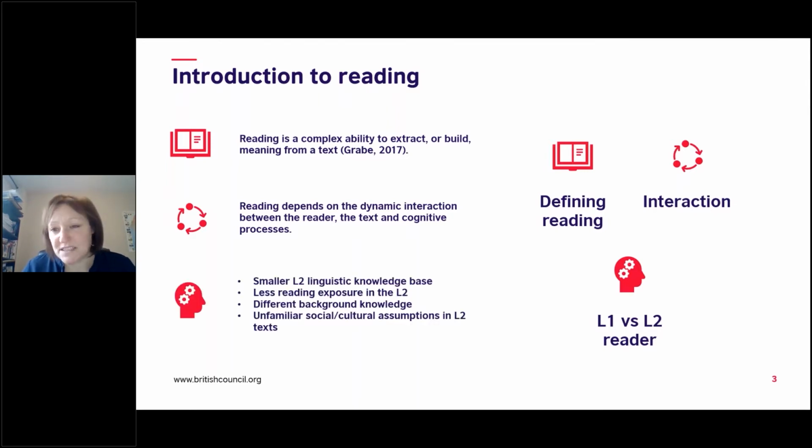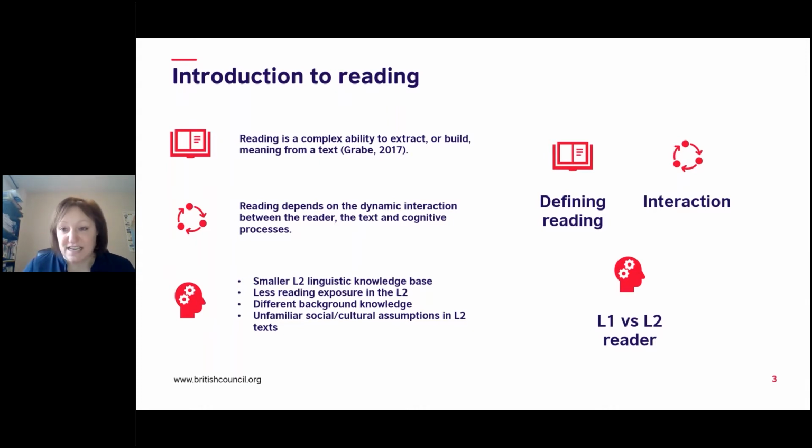I'm going to make some obvious statements about the difference between first language and second and third language learners and reading, but I think that they're quite important to note. Obviously, in second and third language, there is possibly not so much vocabulary and grammatical knowledge as they have in their first language. They also may not have had the quantity of text that they would have had in their first language.